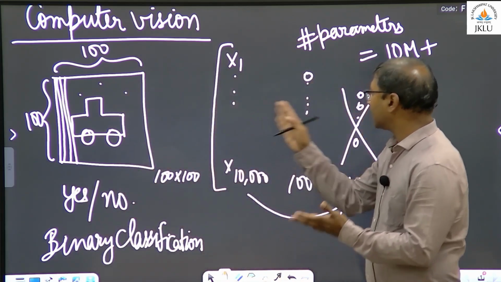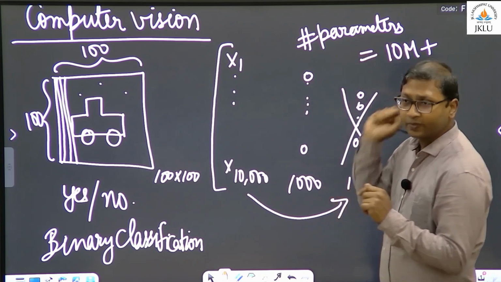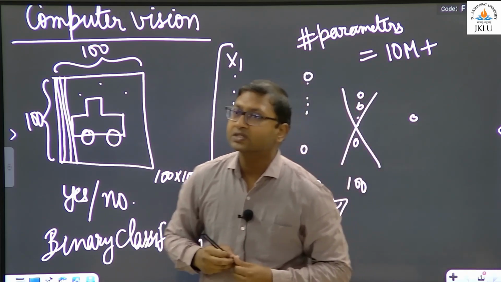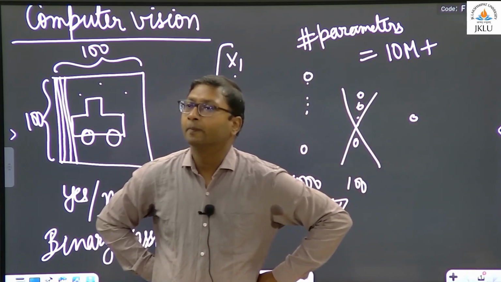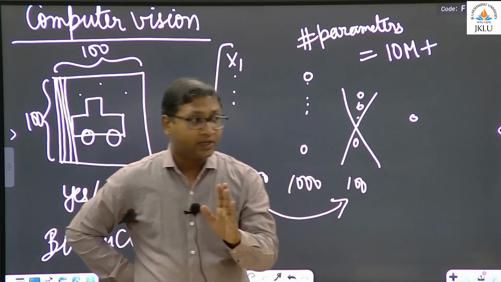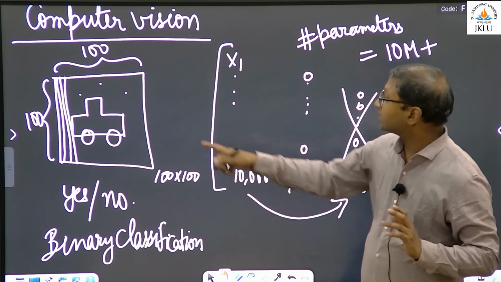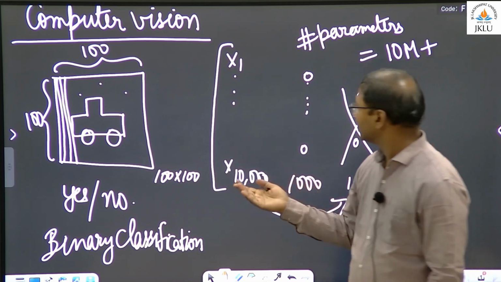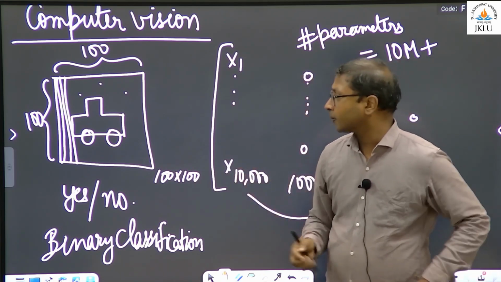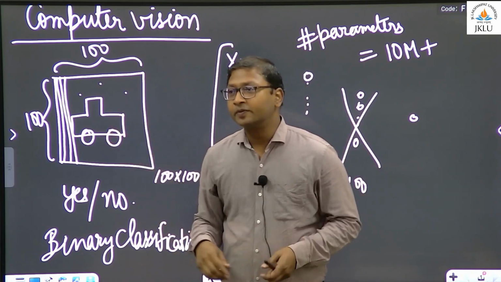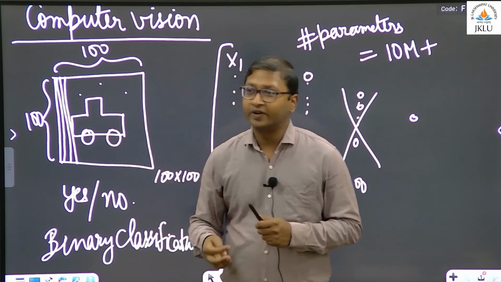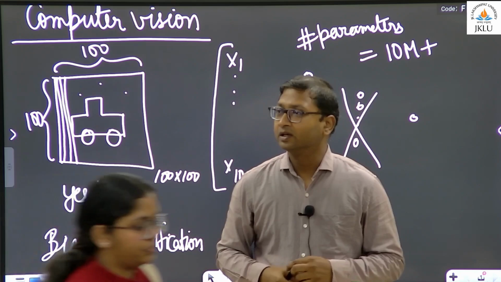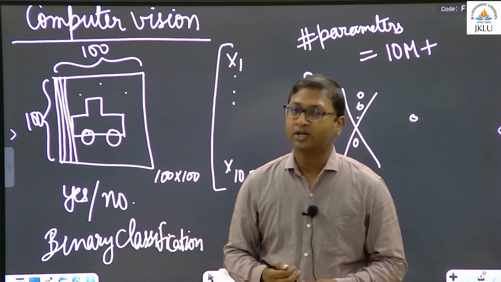So assuming we are going with this, we have 10 million plus parameters. Everything that you have said is right. What's good or bad with this? It will need more computation. You have just too many parameters. And tell me, what is the question at hand? Binary classification. I do all this compute. What is the probability that I'll be wrong if I toss a fair coin, and if it is heads I say car, if it is tails I say not car?